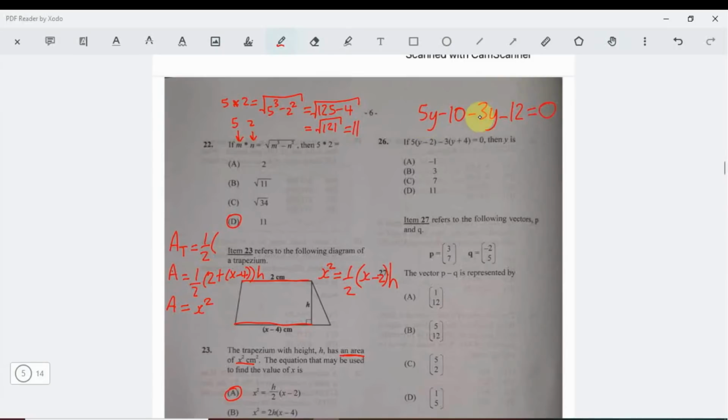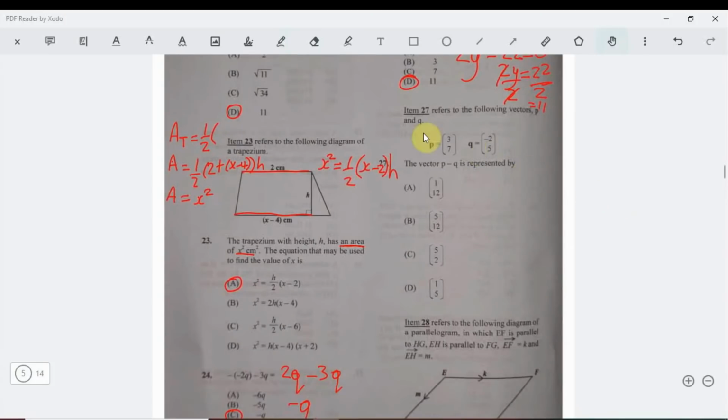Then 5y minus 3y is 2y, and minus 10 minus 12 is minus 22, equal to 0. So 2y is 22. Then we divide both sides by 2. 22 over 2 is 11. So y works out to be 11.